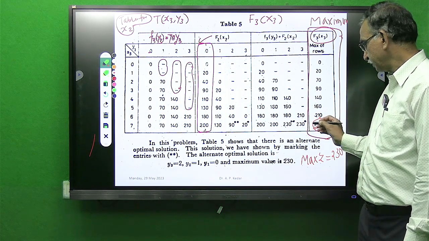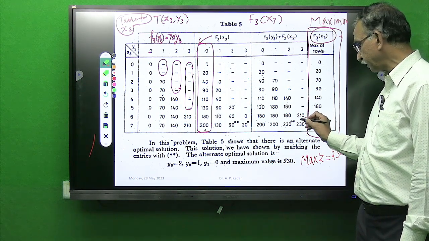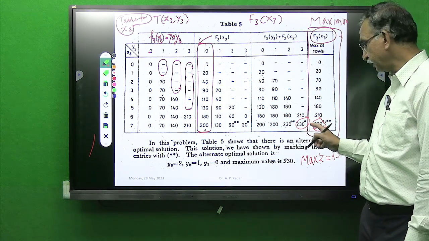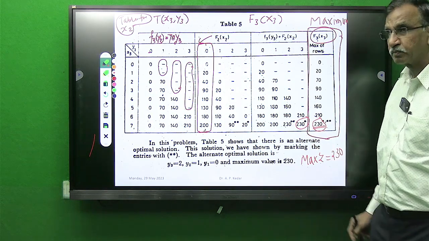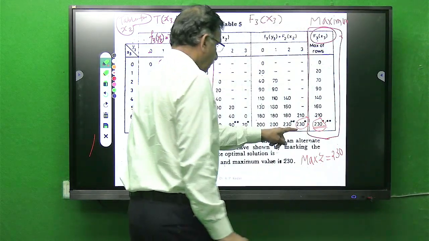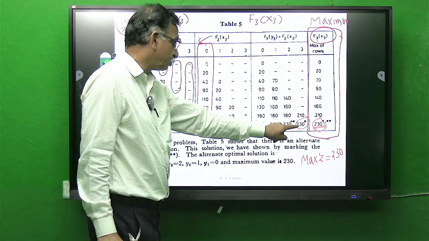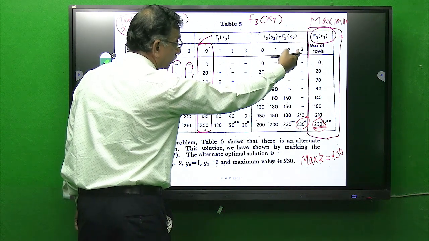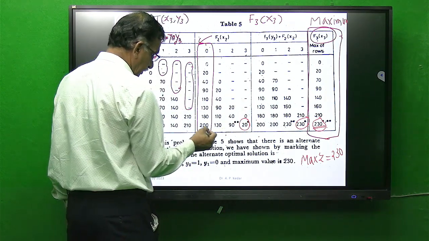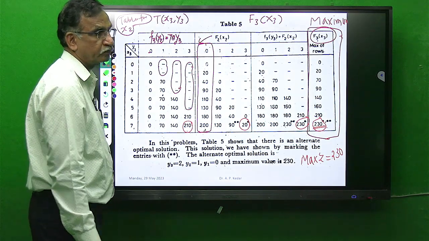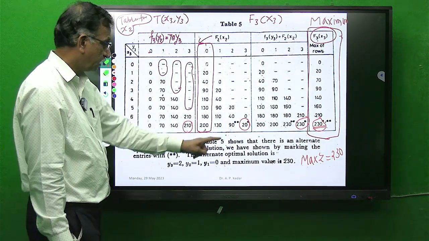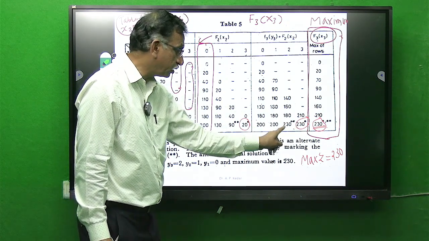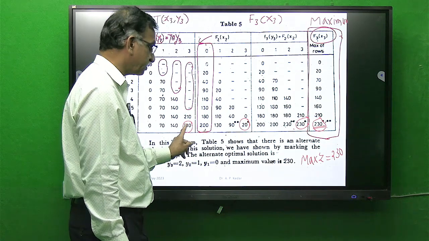See here, this 230, suppose I pick it from this last column, very important. I am picking this from the third column. Now I have to focus my attention on the third column. So this 230 is the sum of this 20 and this 210. Students, very important, this 230 is the sum of this plus this.